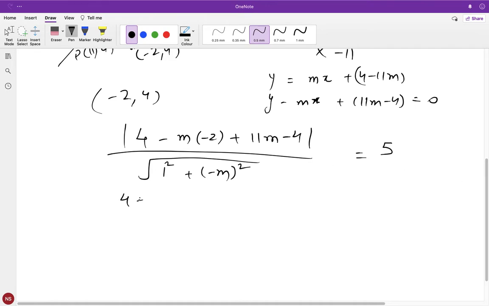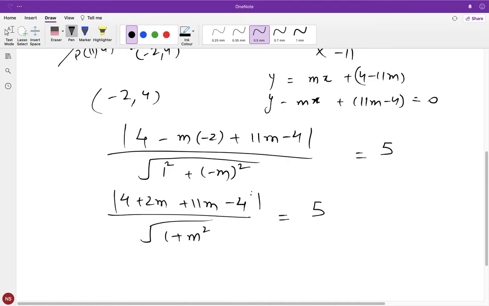So (4 + 2m + 11m - 4) divided by the square root of (1 + m²) is equal to 5. 4 and 4 cancel, so |13m| divided by the square root of (1 + m²) is 5. To get rid of the mod, let us just square.